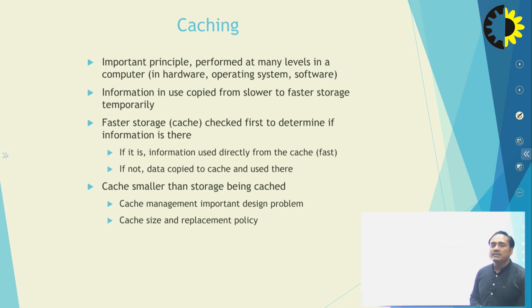So cache is a smaller storage device, and that's why the speed of the cache is faster than the rest of the storage. If you compare register, cache, main memory and secondary storage, the speed of the cache is below the speed of the register.